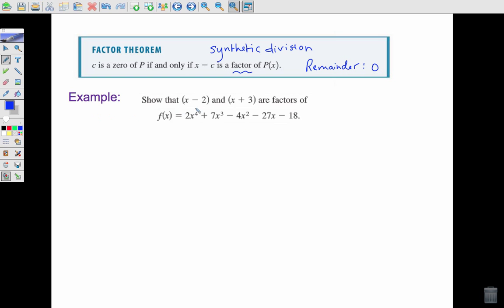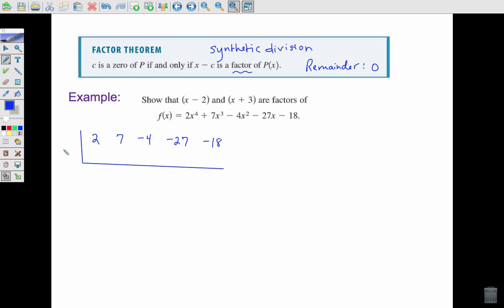In this example it says show that x minus 2 and x plus 3 are factors of the given polynomial: 2x to the 4th plus 7x cubed minus 4x squared minus 27x minus 18. So I'm going to set up my synthetic division.